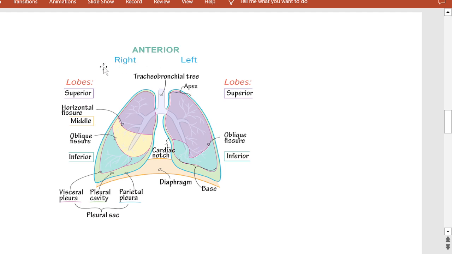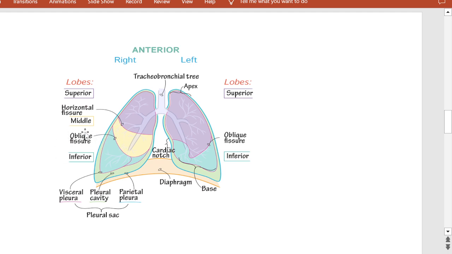When we speak about the right lung, we said there are three lobes: the superior lobe, the middle lobe, and the inferior lobe. The three lobes are divided by two fissures. The superior lobe and middle lobe are separated by the horizontal fissure, and the middle lobe and the inferior lobe are separated by an oblique fissure.